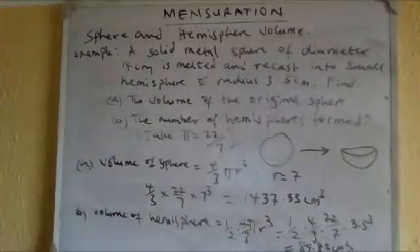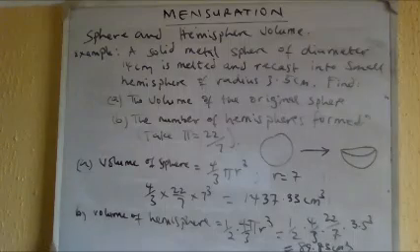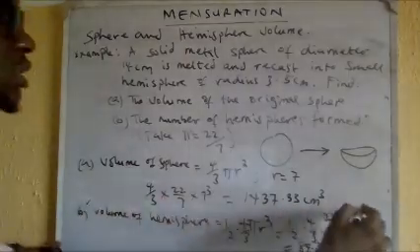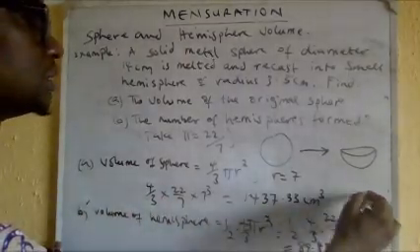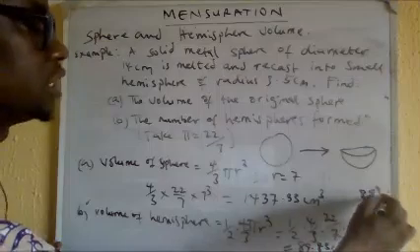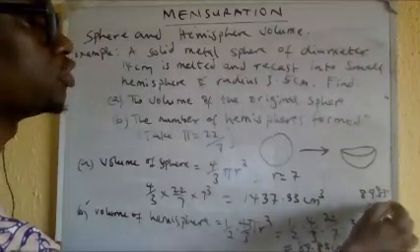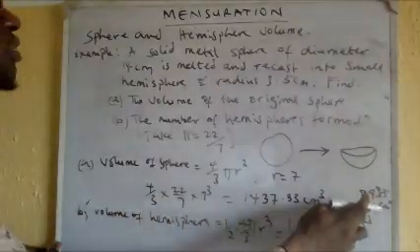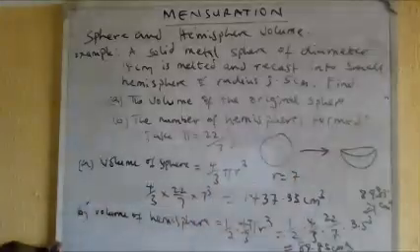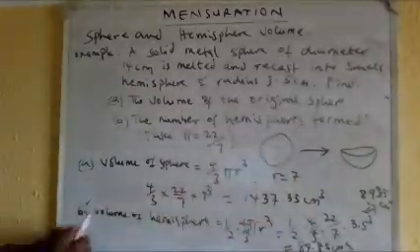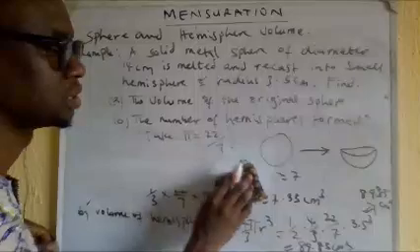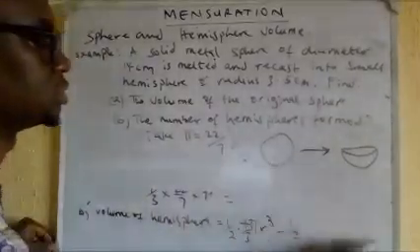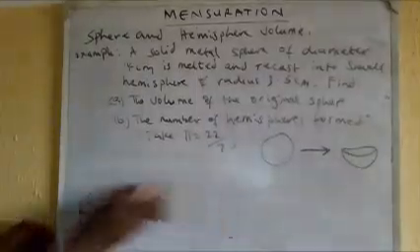Okay, now note, the answer for this is 89.83 cm cube. So I have two things here. I have the volume of the sphere and the volume of the hemisphere. So how many hemispheres are formed? Just divide this by this. You can pause the video and check.